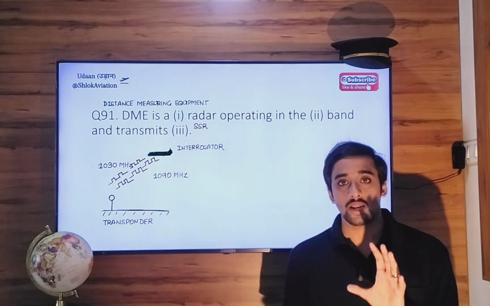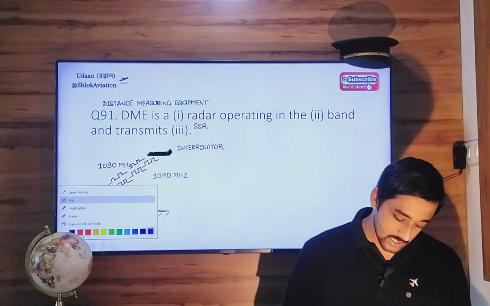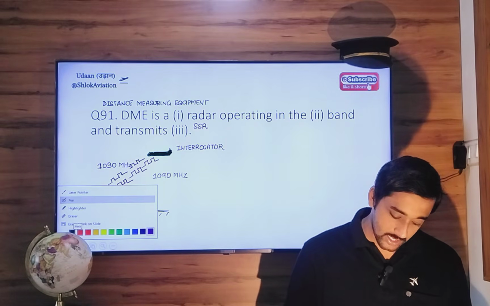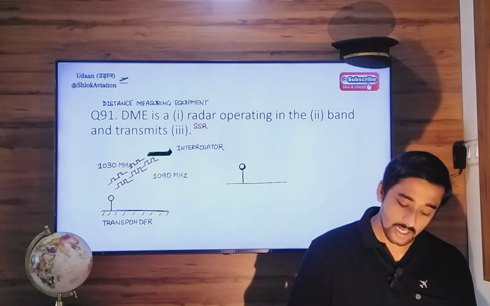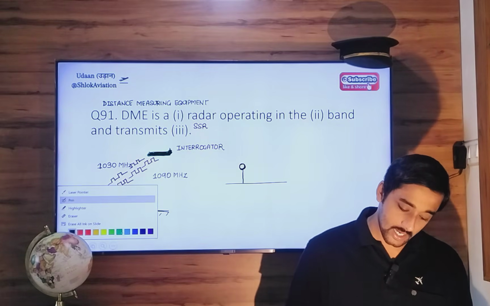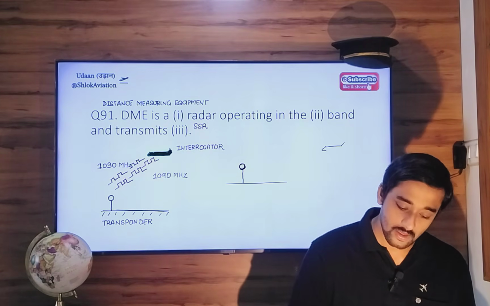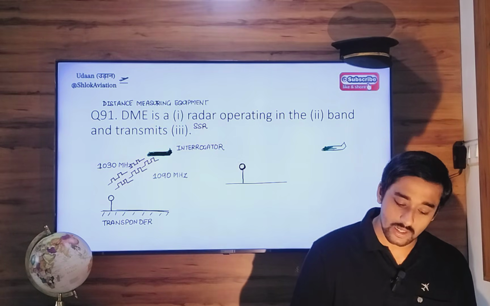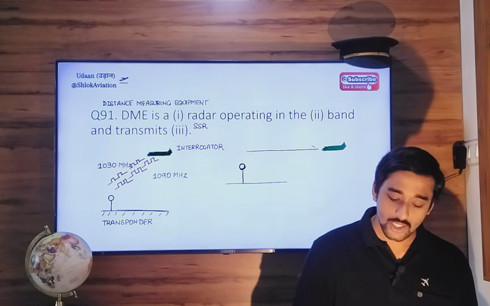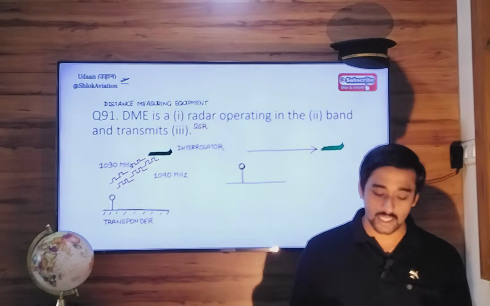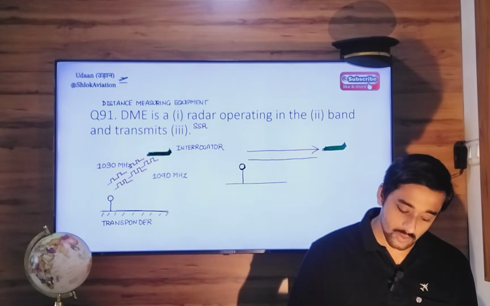Now, what is a primary radar? Primary radar is the mode of operation in which, let's say this is your primary radar on the ground, it will transmit radio pulses in the direction of your aircraft at a particular frequency. These radio pulses will go towards your aircraft, strike the aircraft, and return to the transmitter.